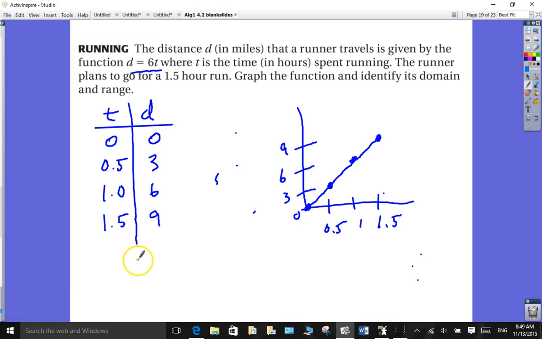So now what do we say is the domain? Meaning what are the values in between here and here? How could you describe that with inequalities? T is greater than or equal to 0.